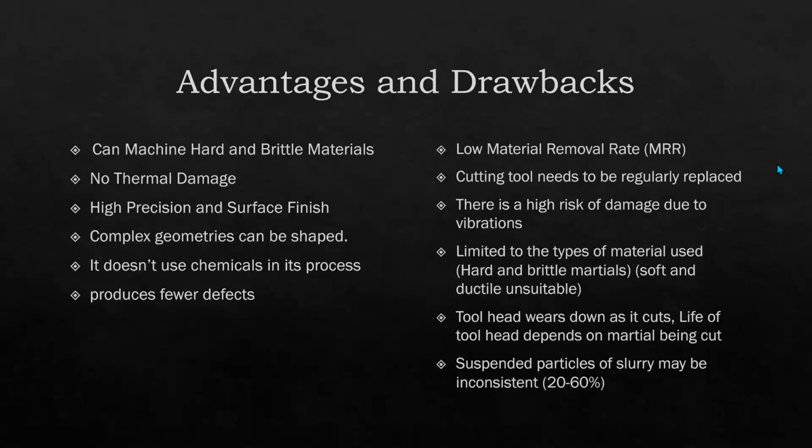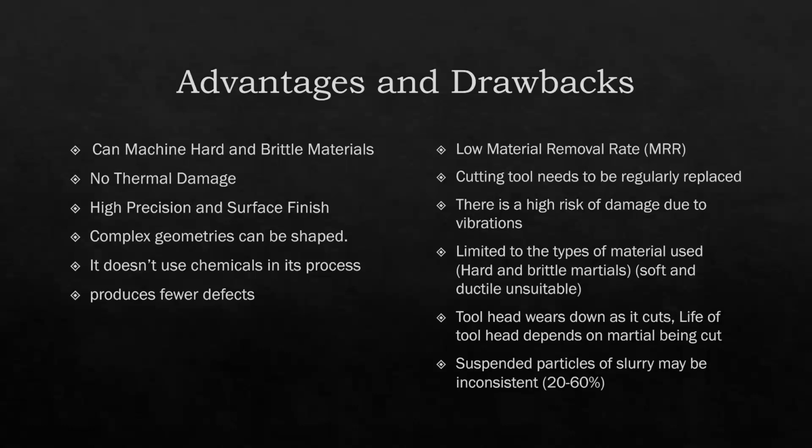But the drawback is that it has very low material removal rate. The cutting tool heads need to be replaced regularly because they get worn down in the abrasive slurry. There is a risk of damaging the workpiece because of the high vibrations used in the machine.